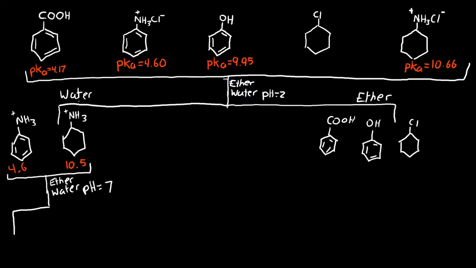So here on the left we have water, and on the right we have ether. Let's look at the first compound. The pKa is 4.6, lower than the pH of the water.